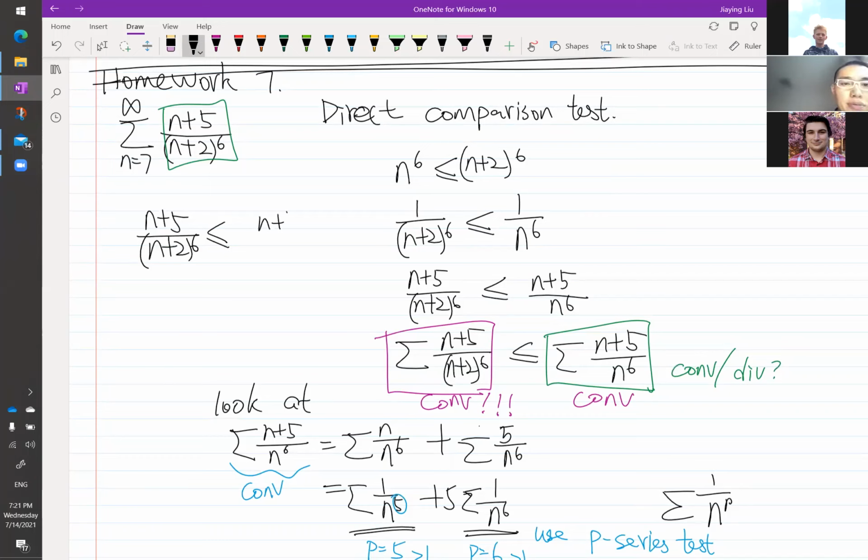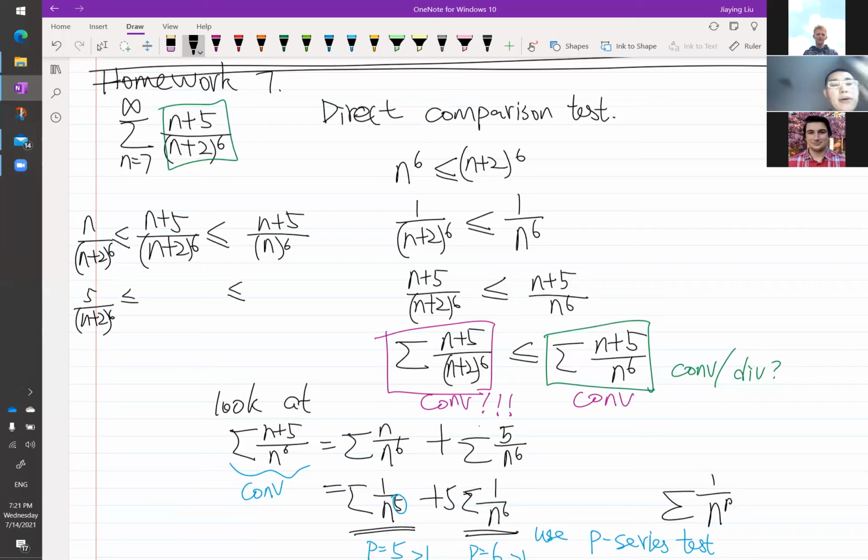If you make the denominator smaller, just n to the 6th, that will be bigger than the given one. You could also manipulate the numerator and make it smaller, and that will be smaller than the given one. So if you just say n over (n plus 2) to the 6th, that's definitely smaller. That's a few other ones, right? 5 over (n plus 2) to the 6th is also smaller.